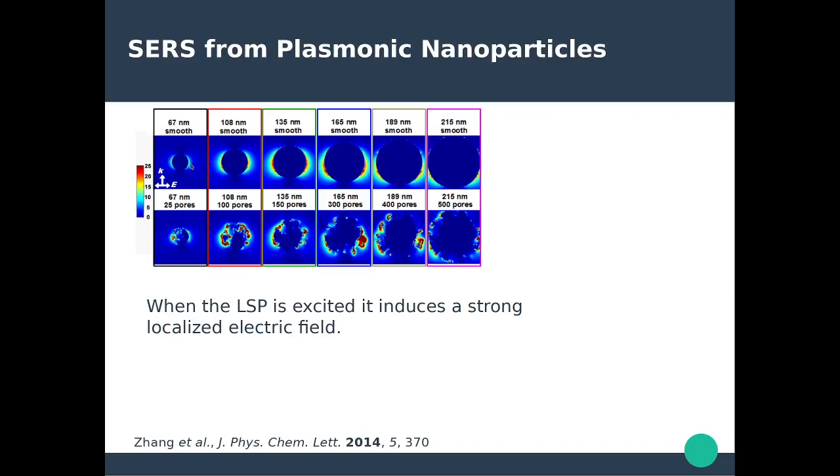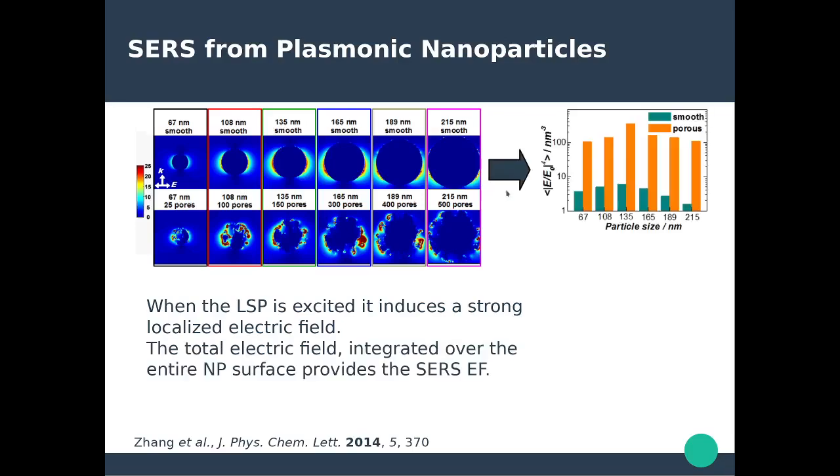If you excite the particles with different sizes at the plasmon resonance wavelength for each of these cases, you can integrate over the volume how much field enhancement you have, and elevate that to the power 4, and you can get basically an estimation of the TERS enhancement factor, which is just the fourth power of the local electric field enhancement, as we discussed in the previous video.